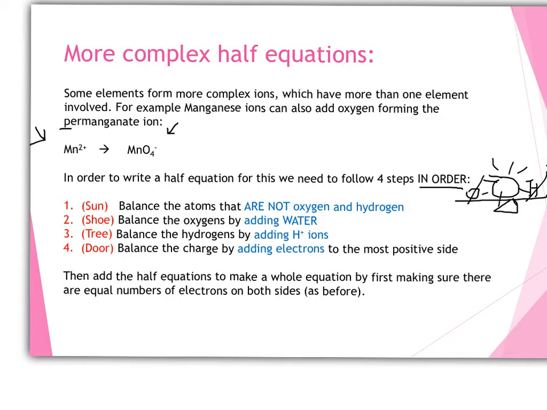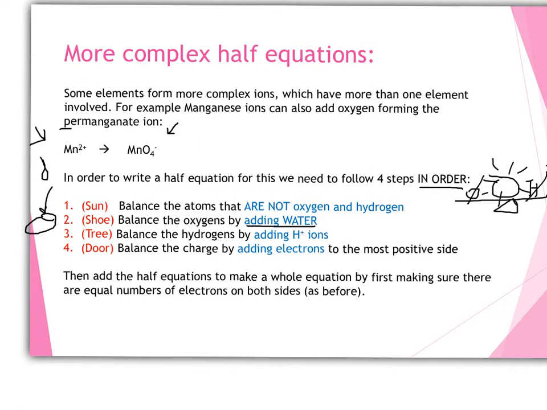For the second one, shoe, 2 shoe, you've got to look at both sides of the arrow, and when there's more oxygens on one side than the other, we have to balance the oxygens by adding water. So you want to imagine a shoe for this one, so picture a shoe, and in the shoe we're dropping some water.